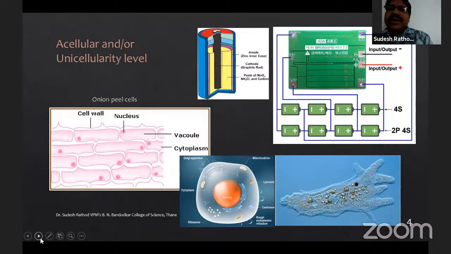In a similar way, the animal body is also made up of several small units known as cells, which are nothing but compartments.